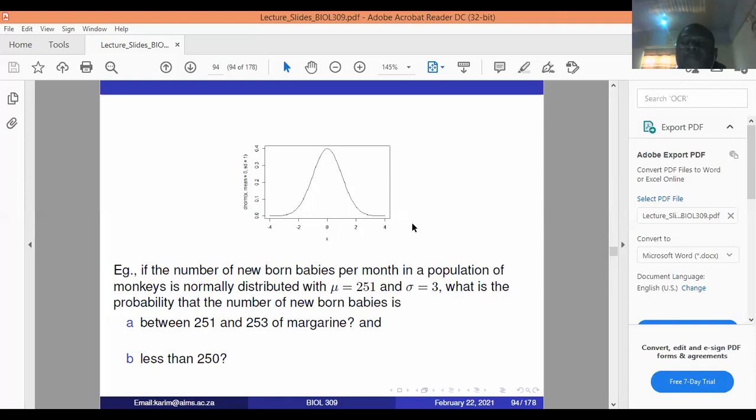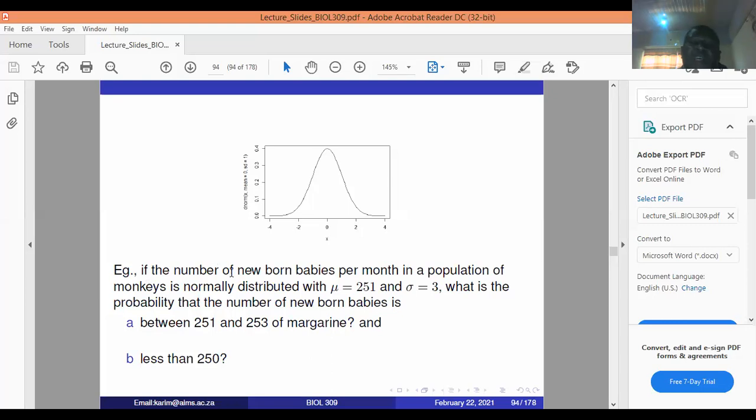So here we consider an example. So you can see this graph. When the data is normally distributed, that is how the graph looks. We've seen all these things in our previous lectures. So let's consider this example to illustrate how we use the normal distribution to address problems.